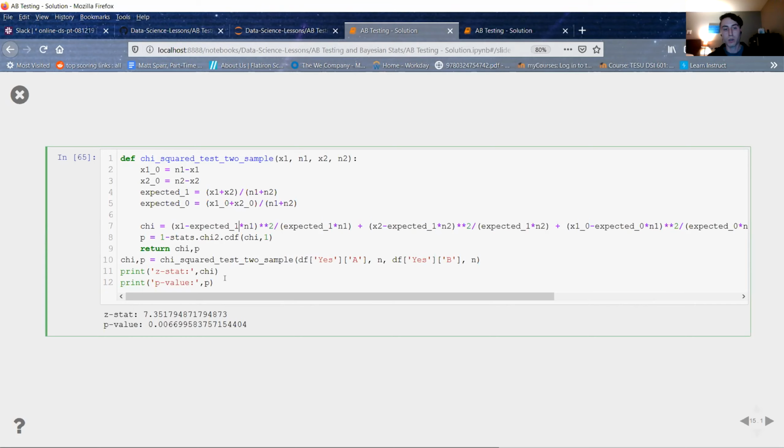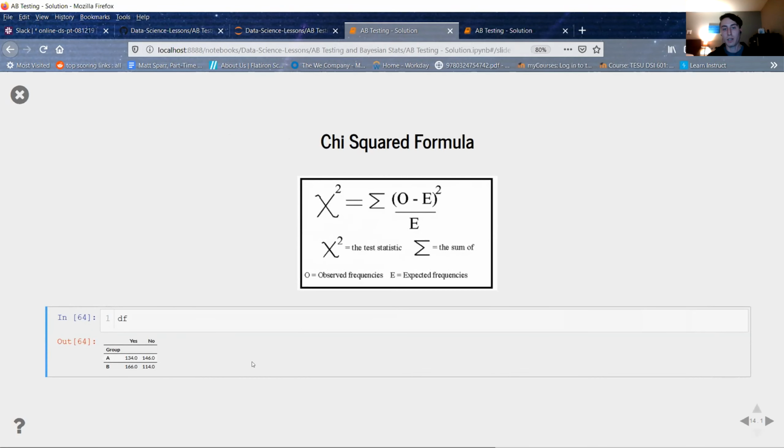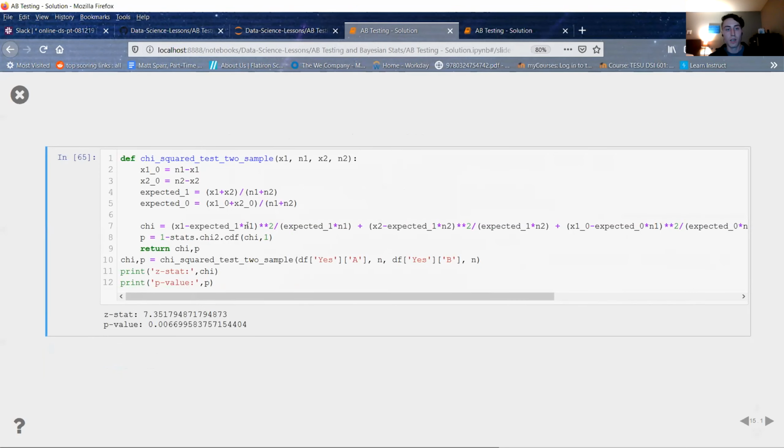So for each of those, we use this formula that we were just looking at and take the observed value that we got, so what's over in our table here, subtract the expected value, square that, and divide by the expected value. And if we do all that and add that up, we get our chi statistic. And in the same way we do with normal distribution, we can just do a CDF on it, pass in the chi value, except we also have to pass in a k value here.